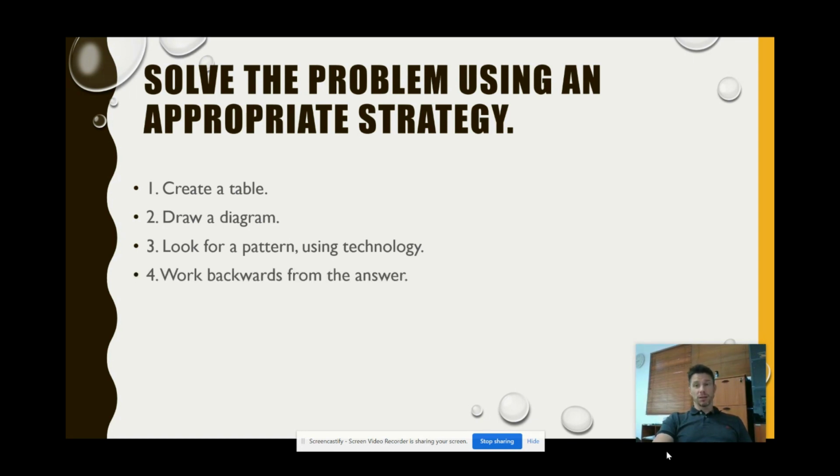Working backwards from the answer is a legitimate way of solving a problem, especially if you have reached a dead end, and maybe you can actually look at the answer and then go, okay, so this was the answer. Now, what did I do wrong? What should I have noticed? And that is a legitimate way of going back.